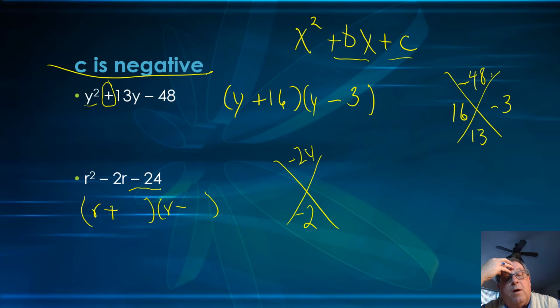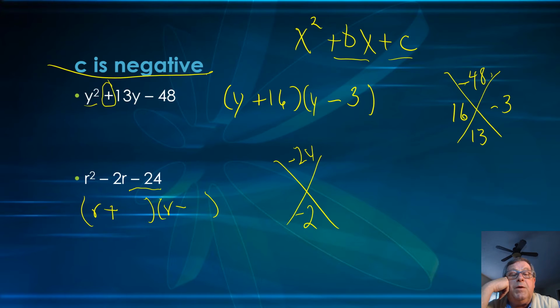Well, let's go through the list. You may recognize it right off the bat. I hope you do. 24 and 1, of course, won't work. 12 and 2 is not going to work. 3 and 8 is not going to work. 4 and 6.